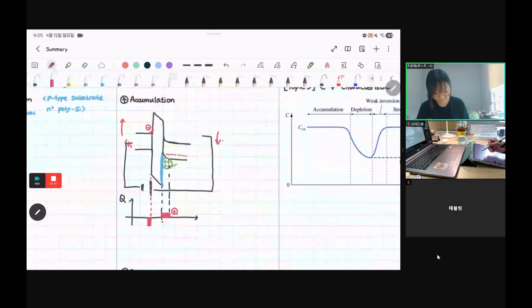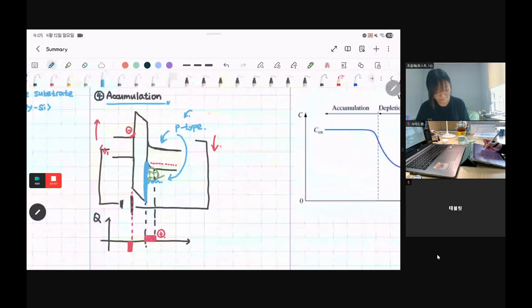The accumulation means we already doped this as p-type, and in the surface we accumulate the same polarity charge, because in p-type doped the major carrier is hole.